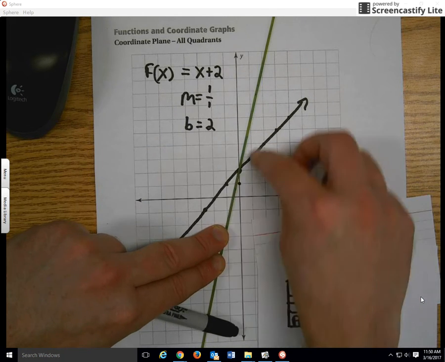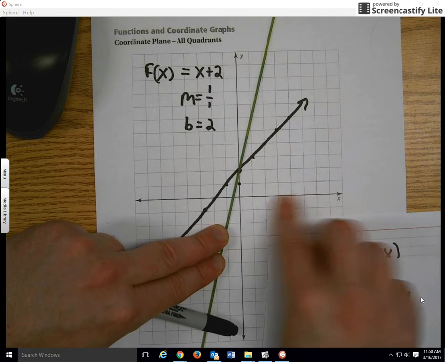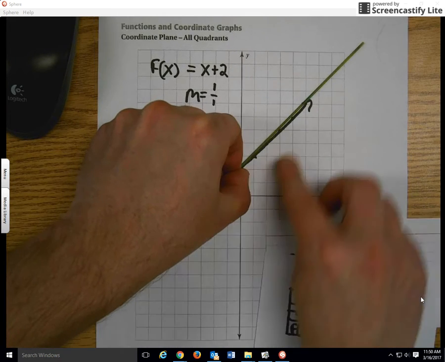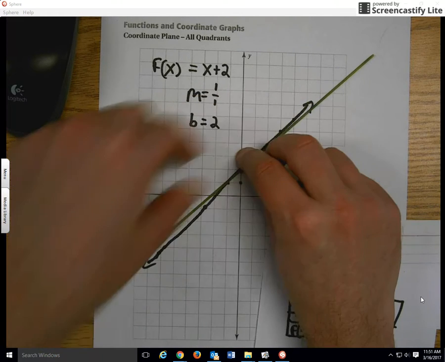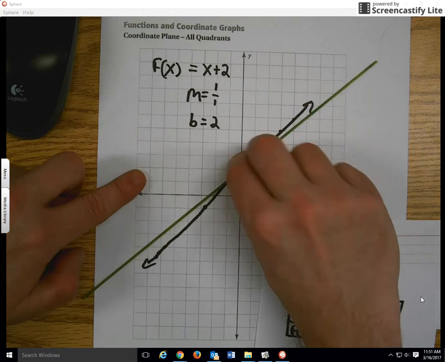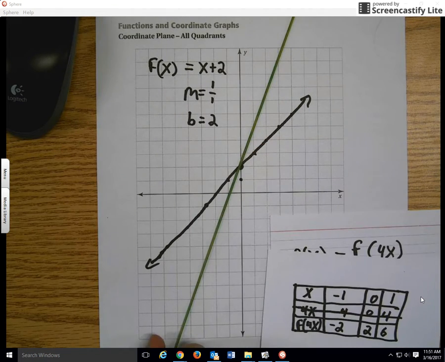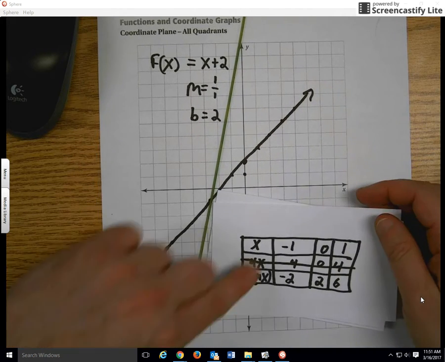And notice both the top part of the line and the bottom part of the line are shrinking away from the x-axis. Look at it. They're both getting further away from the x-axis as I rotate it like this. So this would be a horizontal shrinkage. Cool. Hopefully you see how these boxes were very helpful.